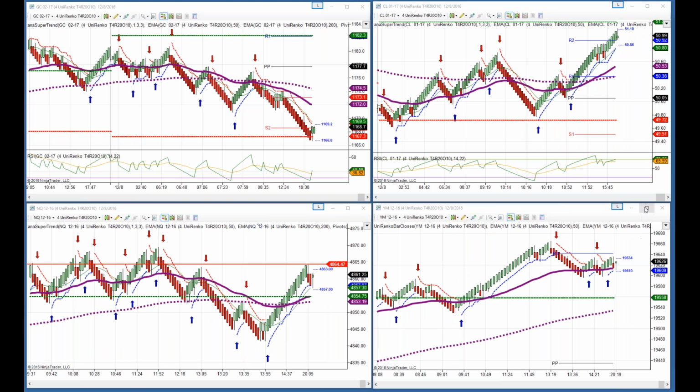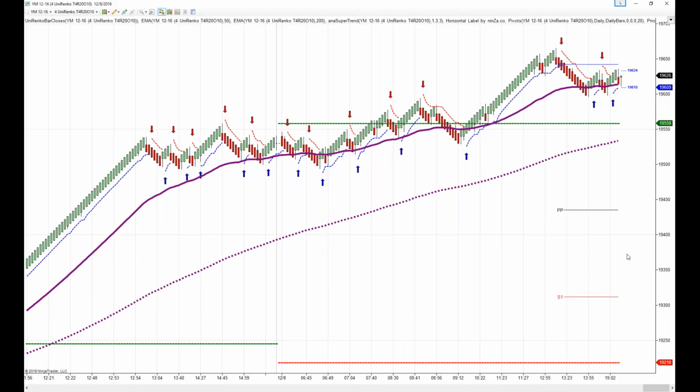Let's go to the money chart. Okay, I need to make sure the 50 moving average is above the 200. It is. Here's the 50. It's the dark purple line. Here's the 200 moving average here. Okay, so we are above it. I also need to make sure that my bars are above the 50.